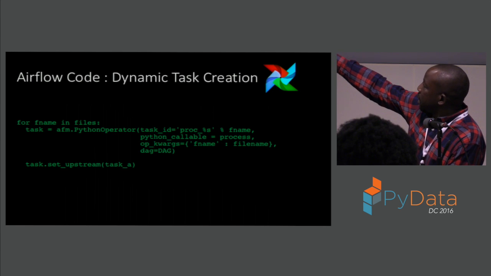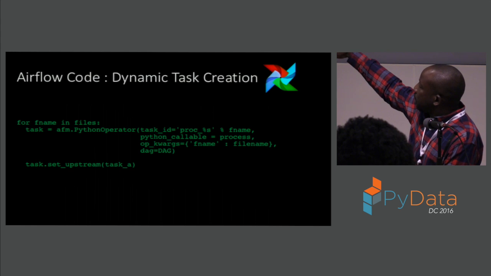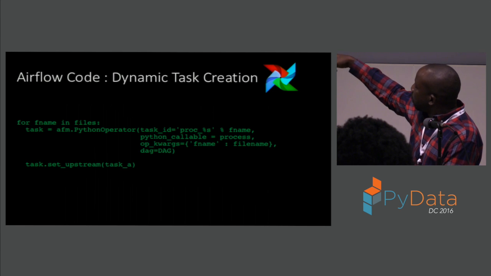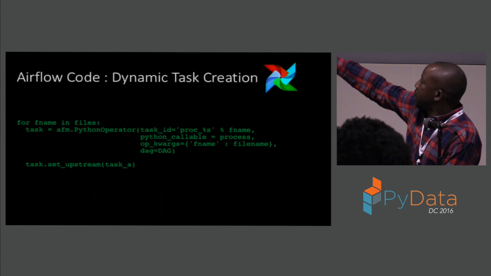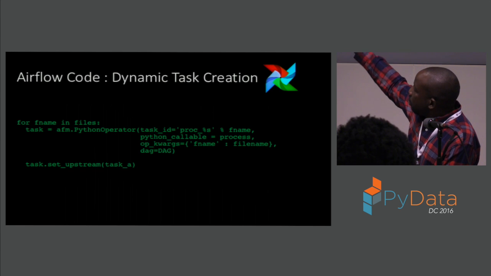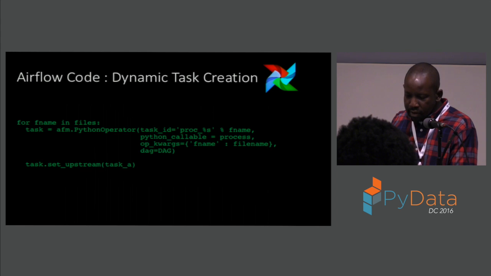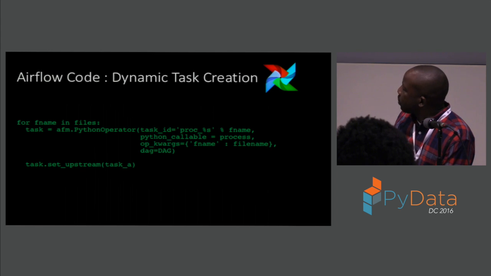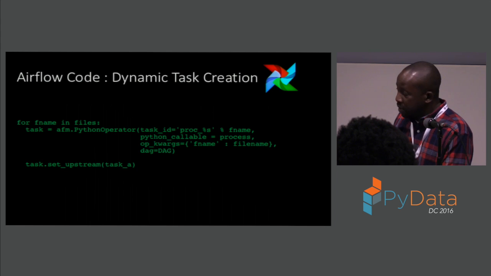You basically could have a set of tasks that essentially run on each file in a loop, and they were dependent on a previous task, task A. I'm not really sure how easy that is to do in Luigi, but in Airflow, we can do that very easily.